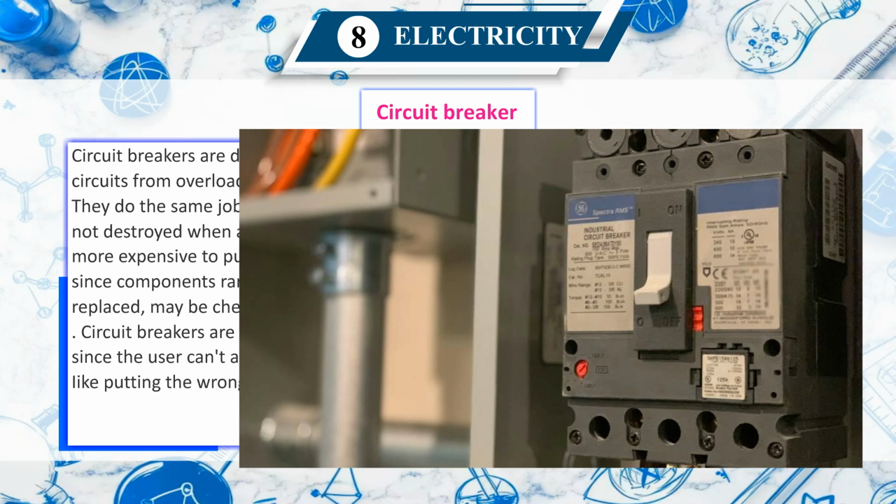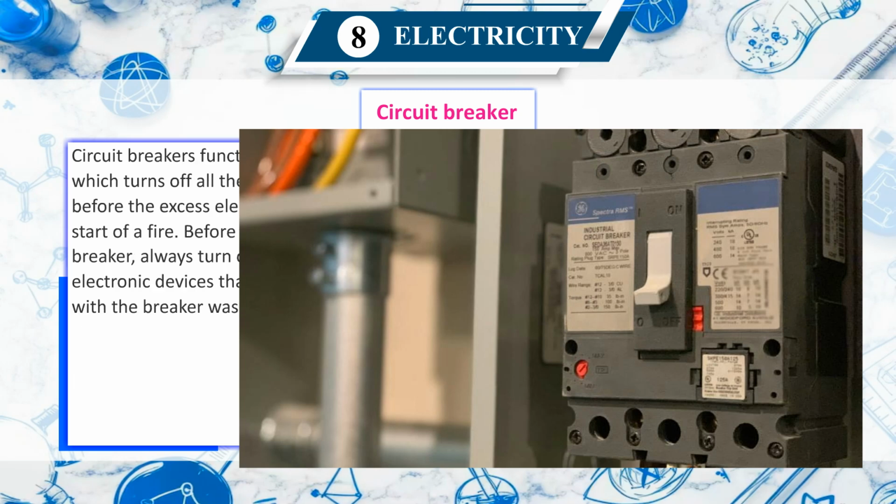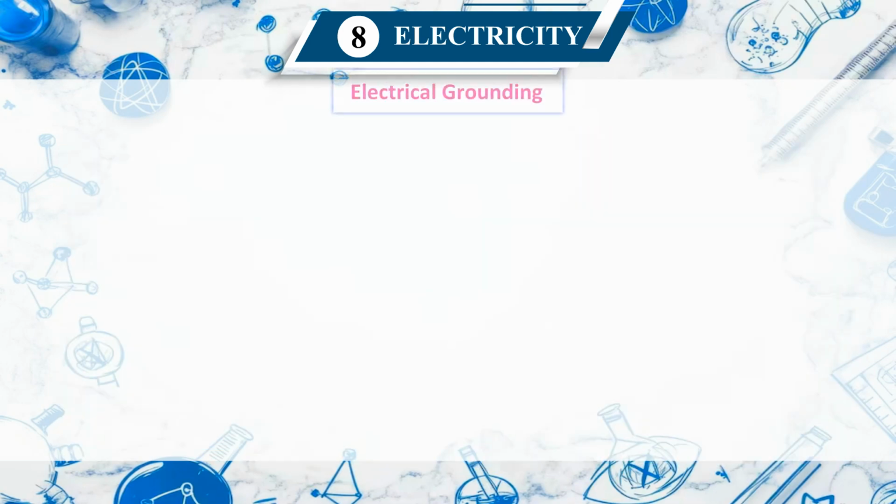Circuit breakers are often considered safer since the user can't as easily disable them, like putting in the wrong size fuse. Circuit breakers functionally open a switch which turns off all the electrical current before the excess electrical current can start a fire. Before resetting the circuit breaker, always turn off or unplug the electronic devices that were being used when the breaker was activated.